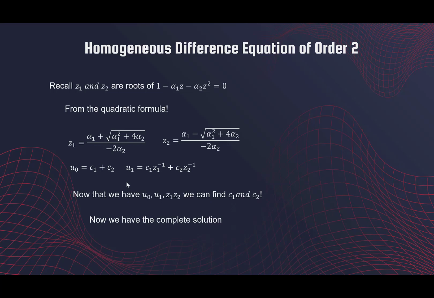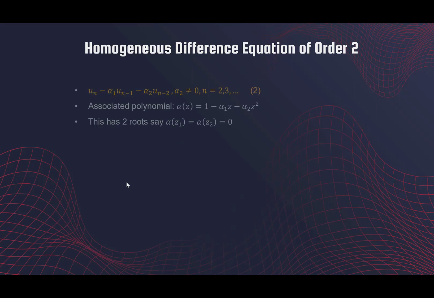So things will be a little bit more clear once you work with an actual example, but it's important you understand the basic principles and this formula basically. So now we go to the second case where the two roots are the same, that is Z1 and Z2 are the same, and we just call this value Z0.